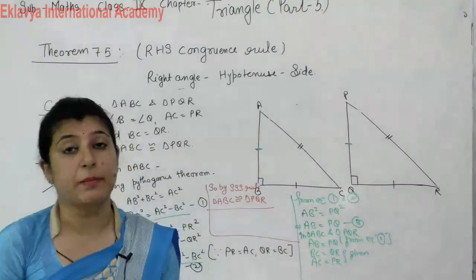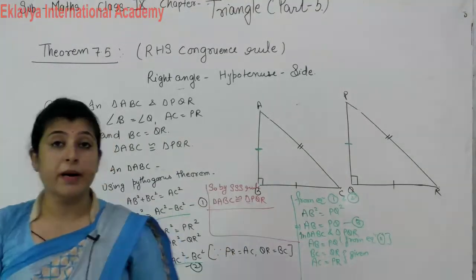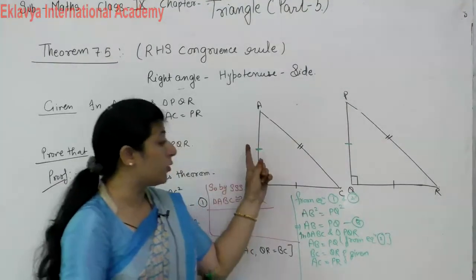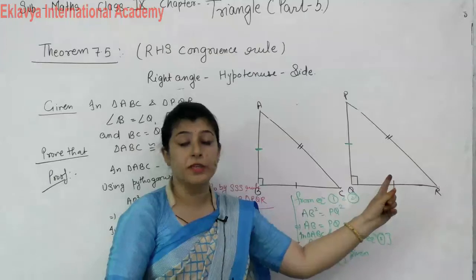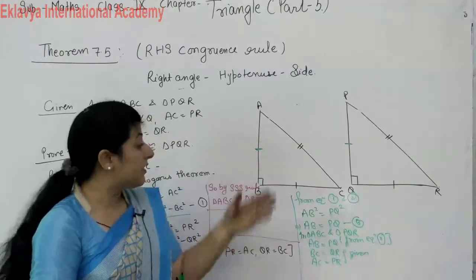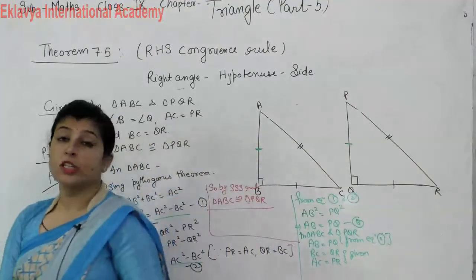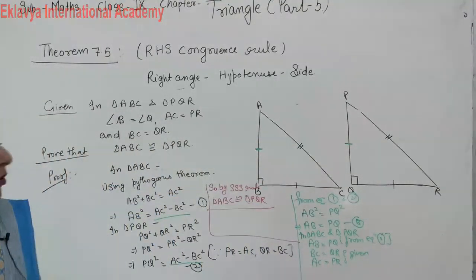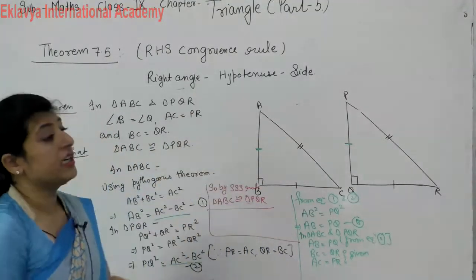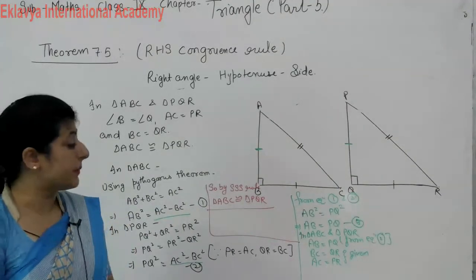Firstly we apply the Pythagoras theorem. Using Pythagoras theorem we will prove AB is equal to PQ. Then after we take these two triangles, by triple S rule we will prove them congruent, then we can say RHS theorem complete, hence proved.